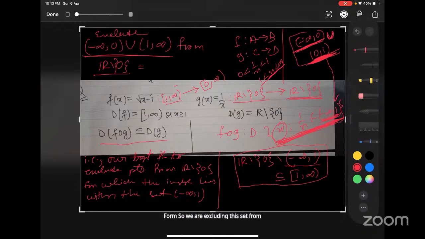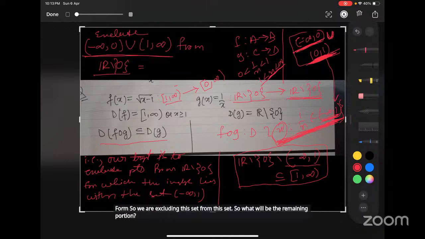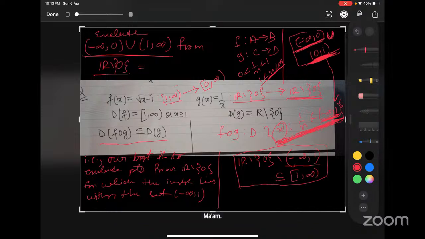So what will be the remaining portion? Ma'am, 0 to 1, but 0 and 1 are already excluded. The borderlines are excluded, right? Yes. That is why the open interval 0 to 1 is coming. So this will be the domain of the composite function.